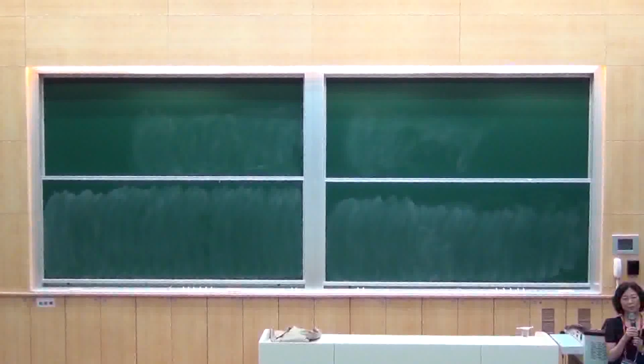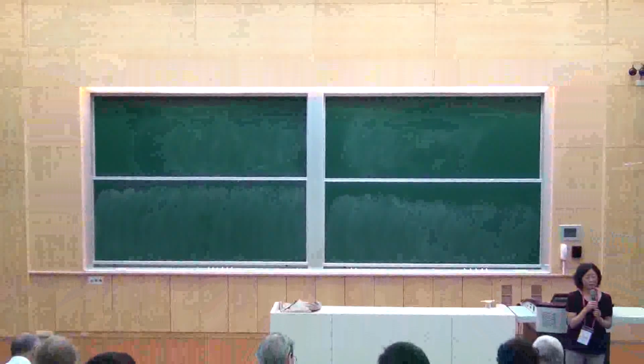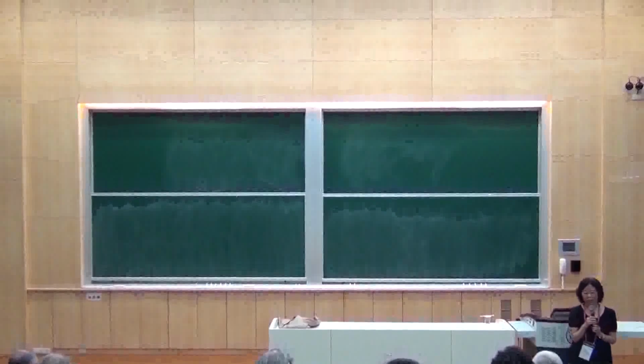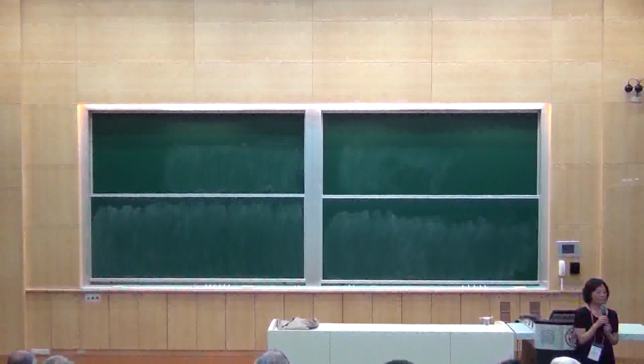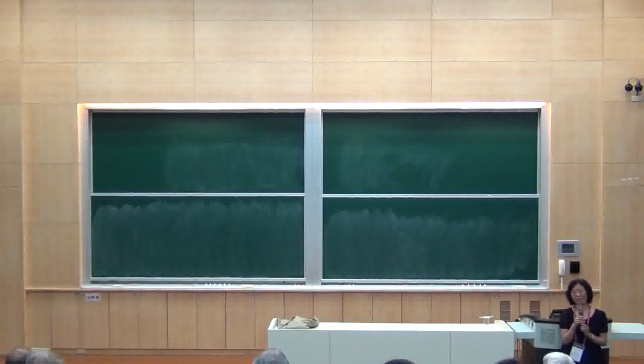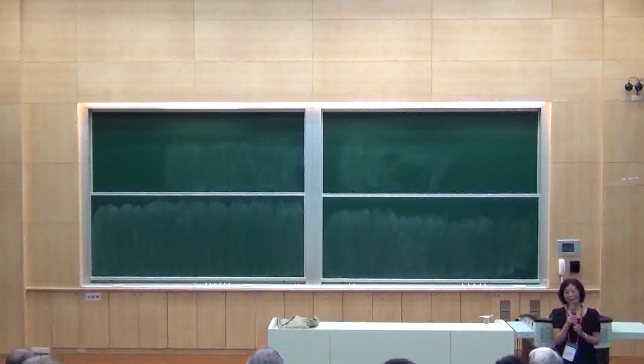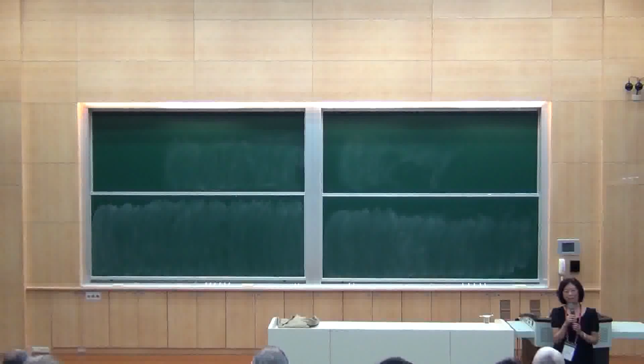Professor Coates was elected a member of the Royal Society of London in 1985. From 1988 to 1990, he served as the president of the London Mathematical Society. In 1997, he received the prestigious Senior Whitehead Prize from the London Mathematical Society.